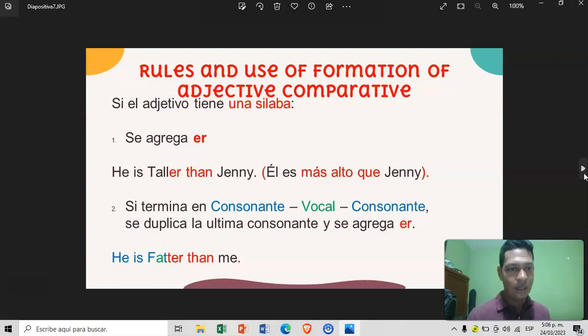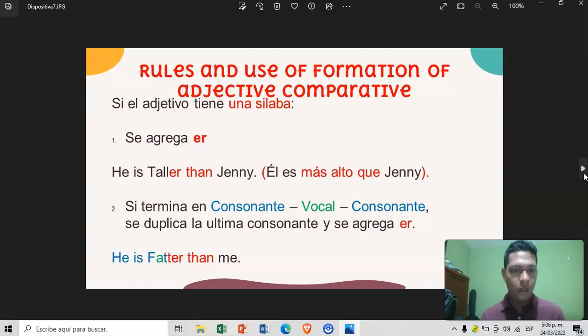And the second rule is if the adjective finishes with consonant, vowel, and consonant. For example, fat. F is a consonant, A is a vowel, and T is a consonant. So that word is good for the example.